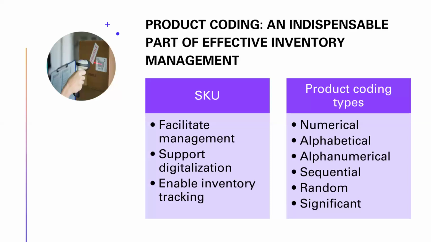Here, the most basic thing is to have an SKU, or stock keeping unit. A stock keeping unit is just a code for the item.